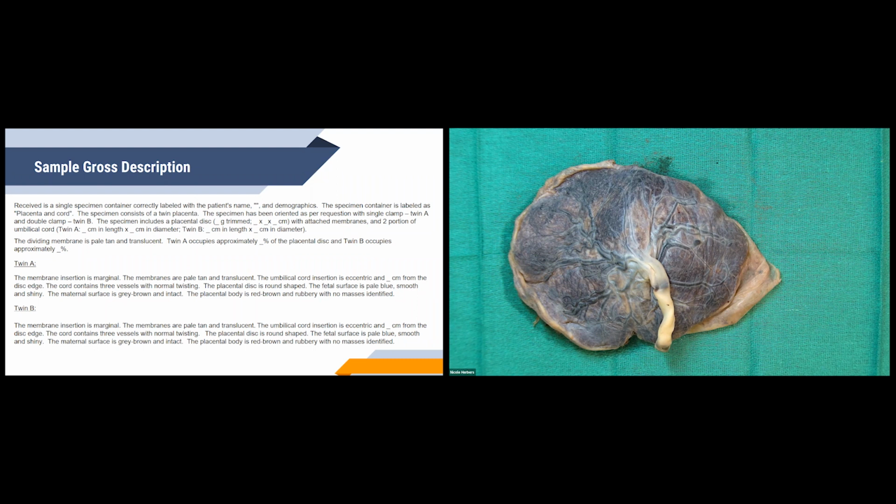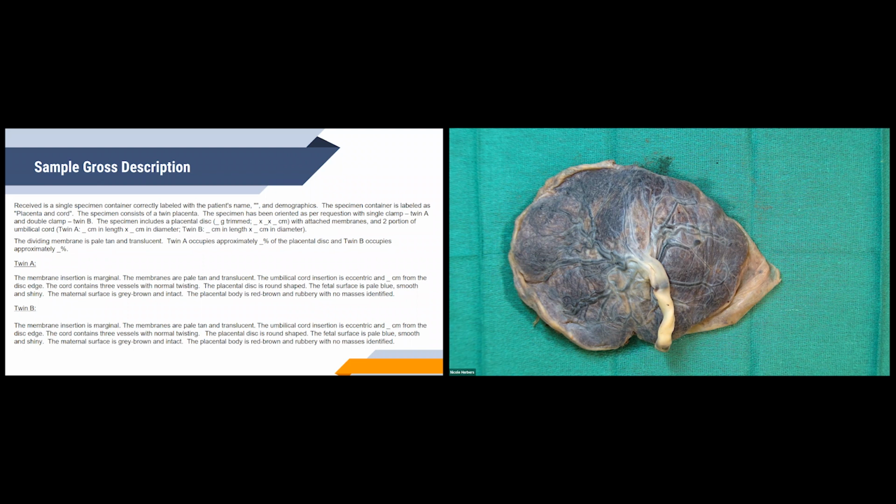The specimen includes the placental disc, and I'll give that in weight, trimmed, and then 3 dimensions with attached membranes, and then the 2 portions of umbilical cord. I separate that out as twin A and twin B.